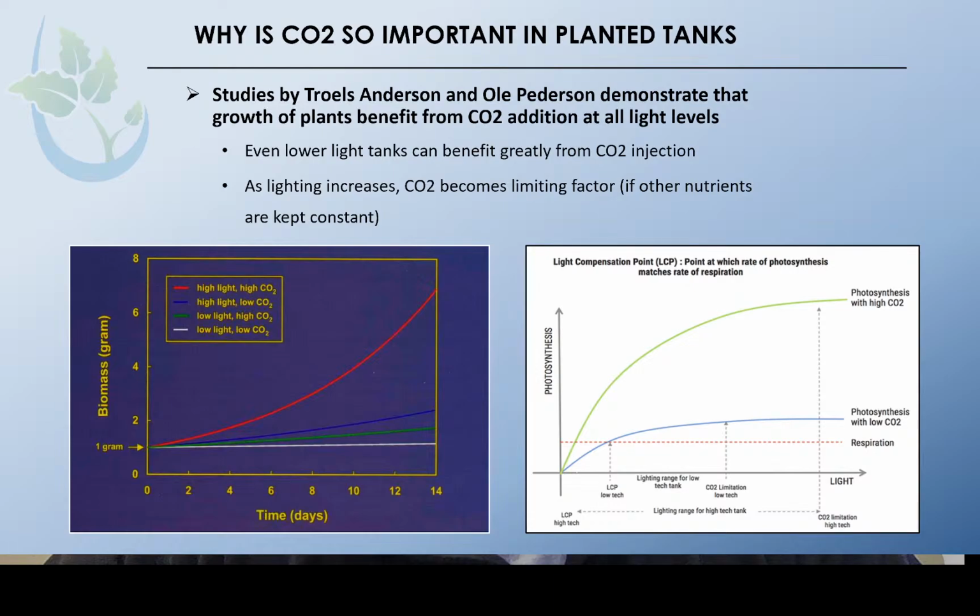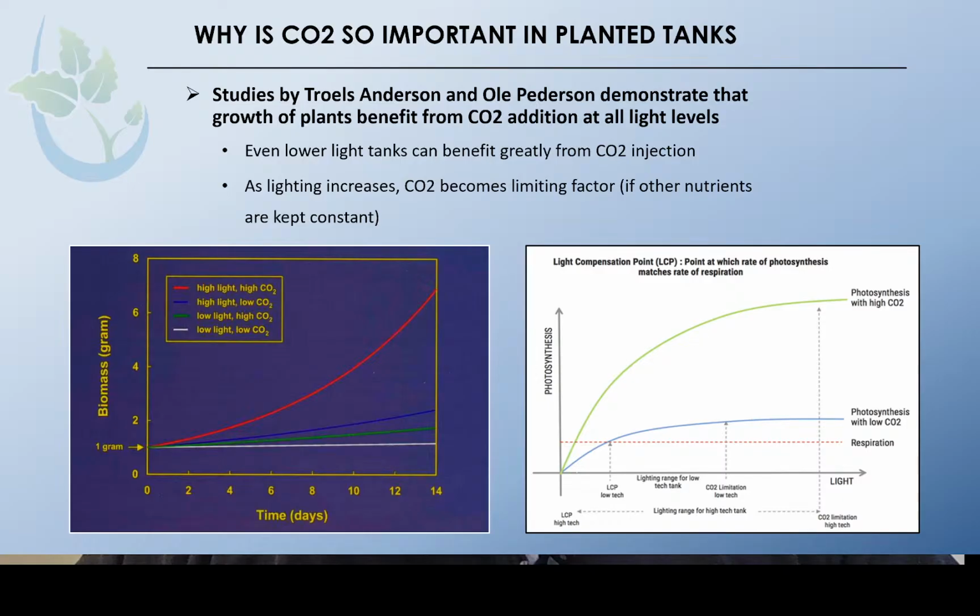I've run very low light tanks, basically shrimp tanks, with just a little bit of added CO2. You don't need much, but just that little boost of CO2, you can see improved health and improved growth of your plants. You see this boost in plant mass. So with their study, they showed that as light increases, CO2 becomes a limiting factor.